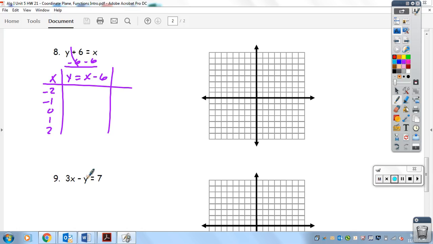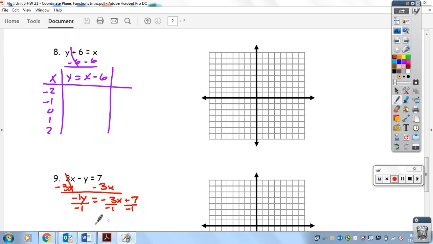Isolate the term that contains my variable, which is my y. So I subtract 3x, because 3x is positive. Send the constant to the end: -3x plus 7. And this time I have a negative y. Don't forget the negative y. Now, I can't have negative y, I want to solve for positive y, so I divide by -1.